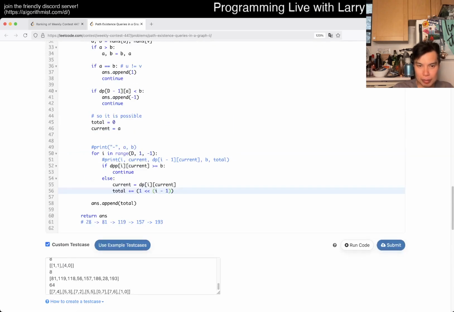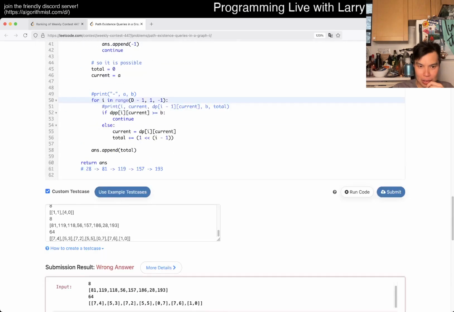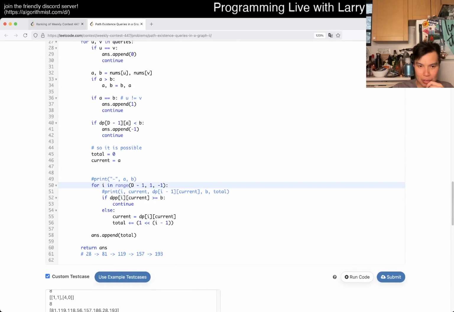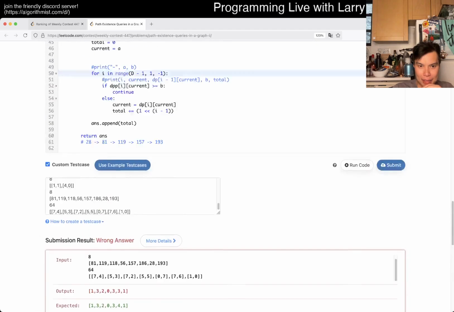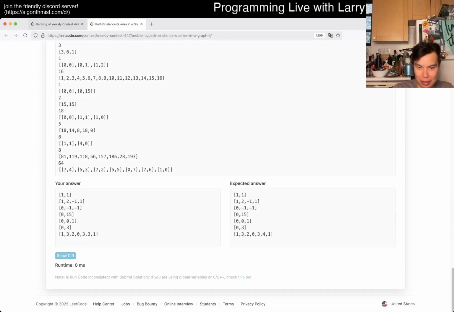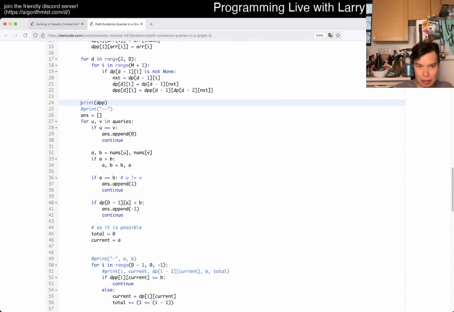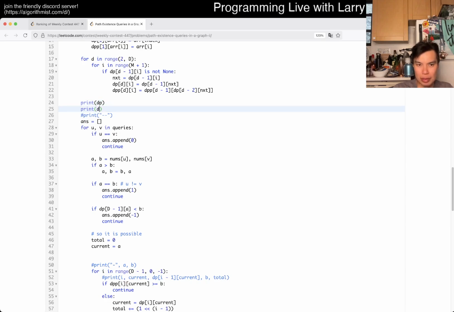And then now, okay, now this is just way wrong. Huh, why is this so much wrong? It's because of this. Okay, but it's still wrong. Alright, let's just print out DP.